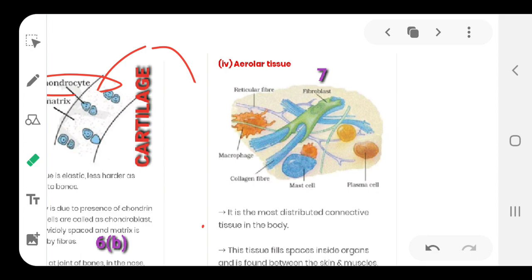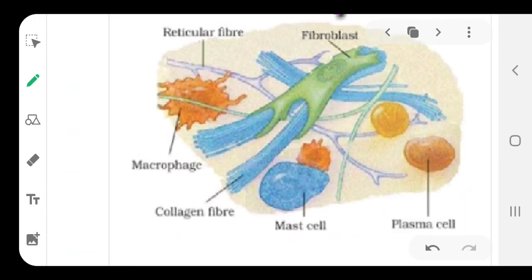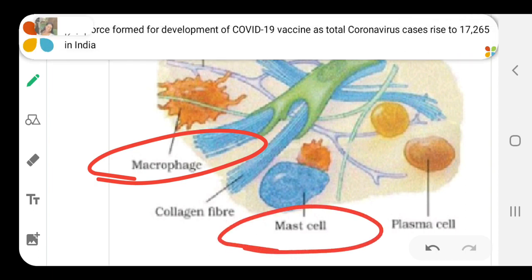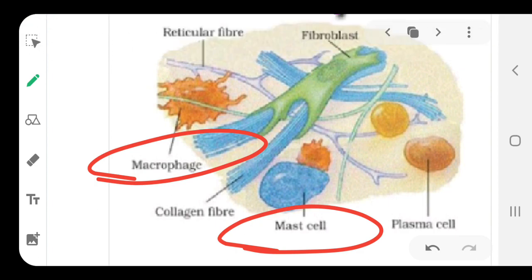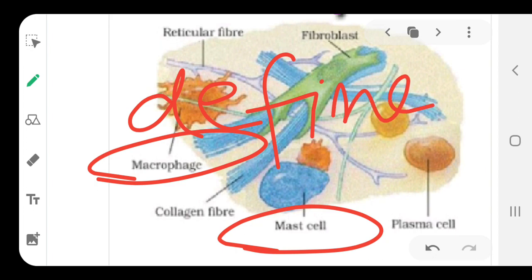Then we have the other type called areolar. Again, this diagram has been taken from your textbook, so make sure these labelings are a must. So in this diagram, you should know two or three names. Number one is macrophage, other is the mast cell. Okay, so for these macrophages and mast cells, you have to locate their definitions from a search engine.